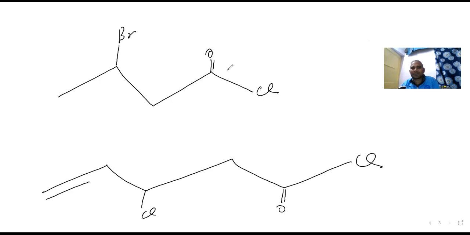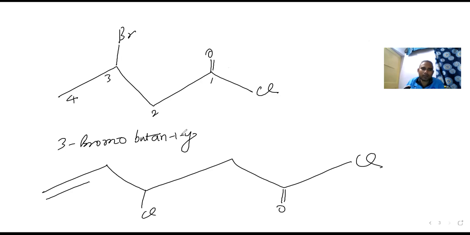Tell me the name of the first one, please. 1, 2, 3, 4, so 3-bromo. Very good. 3-bromobutan-1-oyl chloride.